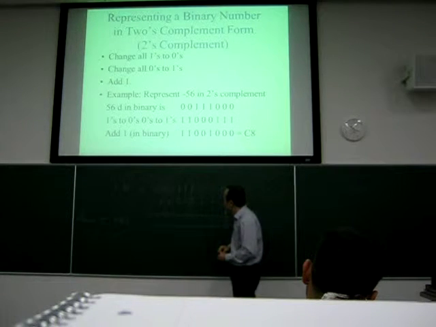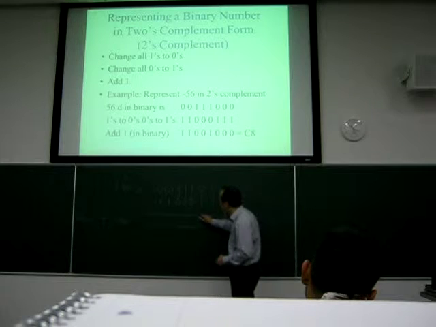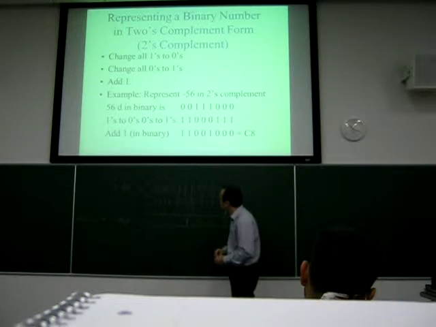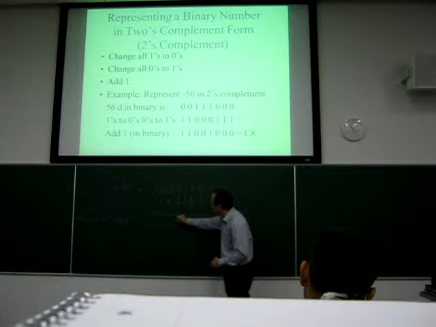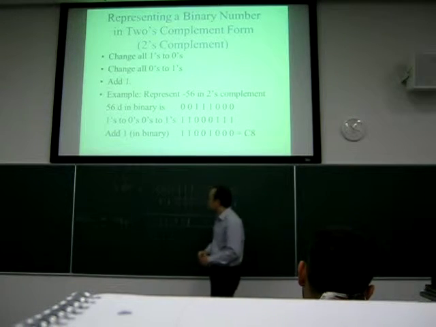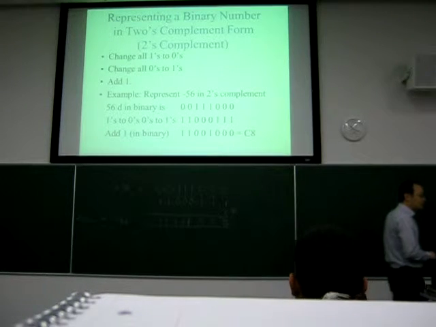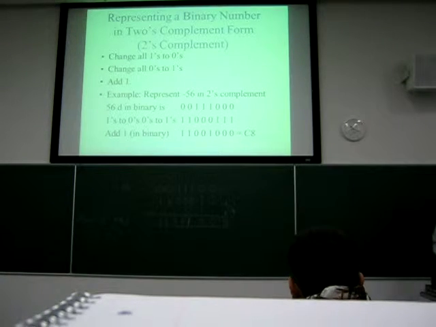Carry 1. 0 carry 1. 0, 0, 1, 1. That is the representation of minus 56 in 2's complement. Is that clear?